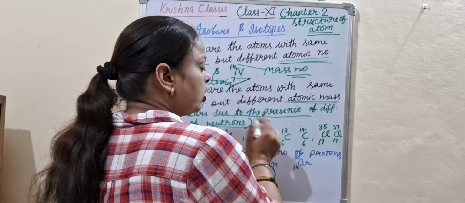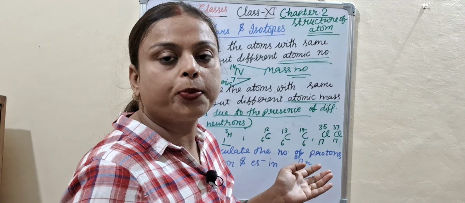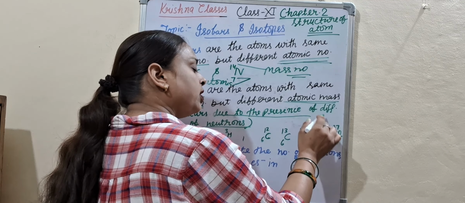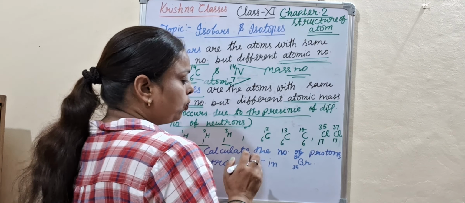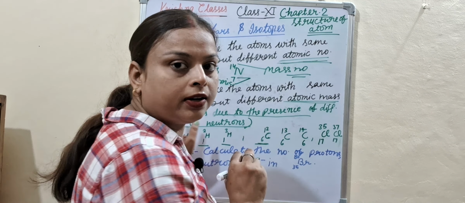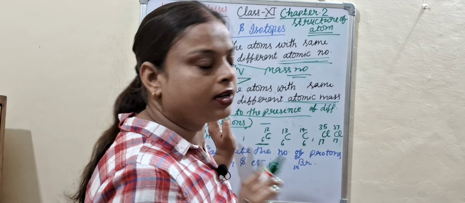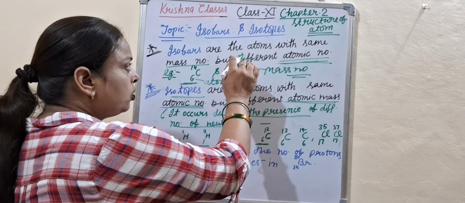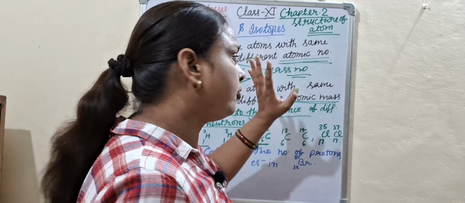And 6 carbon 12, 6 carbon 13, 6 carbon 14 are the isotopes of carbon. 17 chlorine 35, 17 chlorine 37 are the isotopes of chlorine. Below the atom the atomic number is written, and above the atom the atomic mass or mass number is written. So these are isobars and isotopes. Hope you understand this topic very easily and very well.